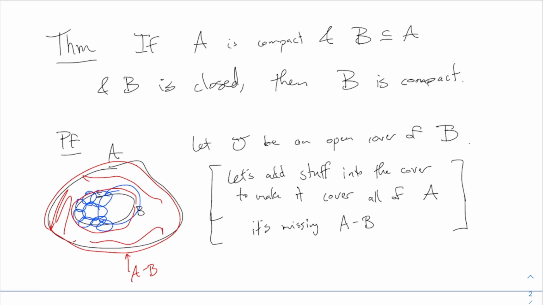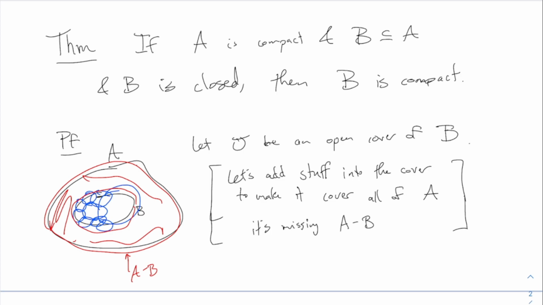The issue with that is it has to be an open set. All the sets you use in your cover have to be open sets. Is A minus B an open set? I'm here to tell you, we assume B is closed, which means the complement is open, which means A minus B is an open set. And that's what makes this whole proof work.